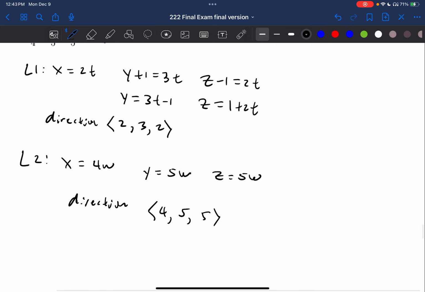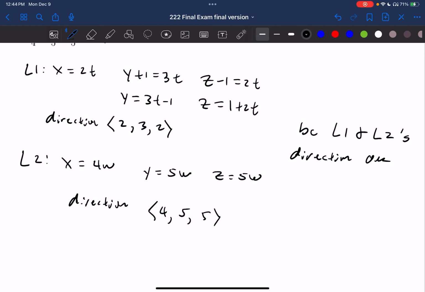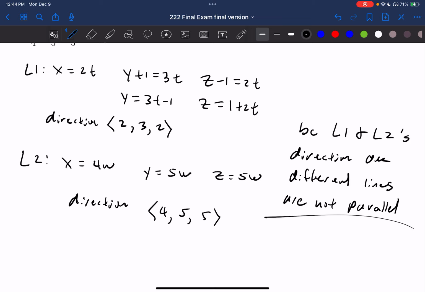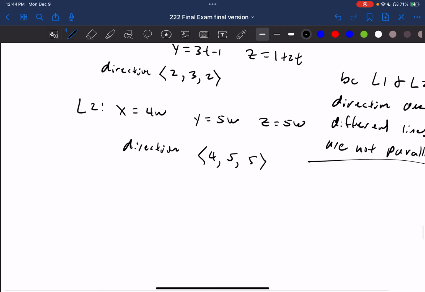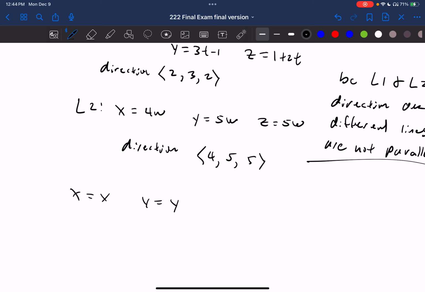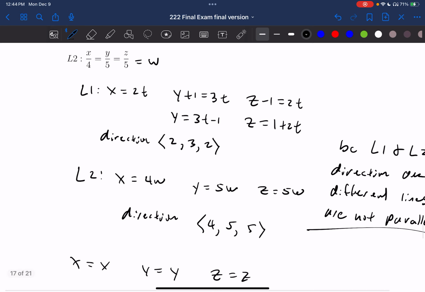So we can conclude that because the directions of L1 and L2 are different, the lines are not parallel. So we need to see if they intersect or whether they're skew. Let's set x equal to x, y equal to y, and z equal to z, and see what happens.